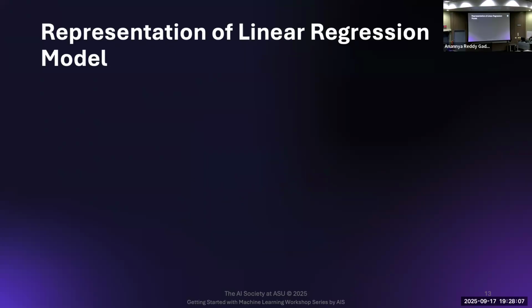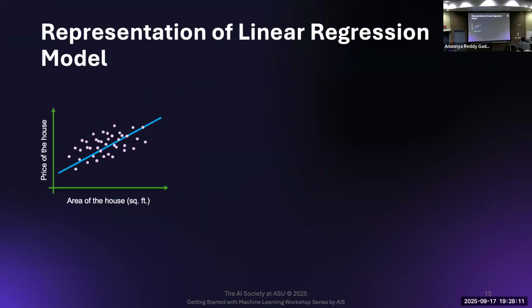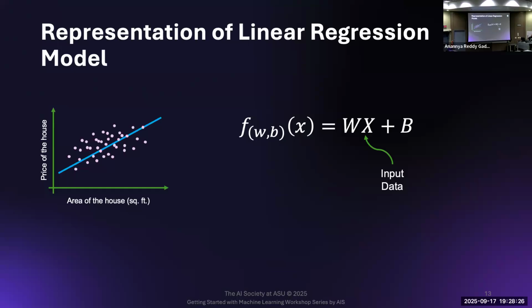So we'll be representing the linear regression model now. This is our graph I have shown you before. Now we'll be showing you the equation of the linear regression model. This is a straight line formula, basically y equals mx plus c.